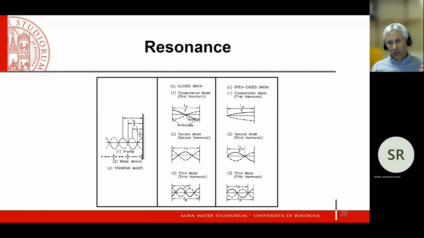And then you can pass to three nodes, which is the third mode or third harmonic. The number of nodes is 3 in both cases, and so forth.